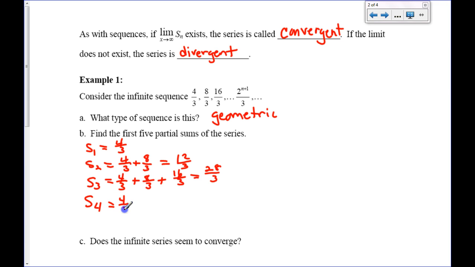Same thing. We're going to take 16 times 2 to get 32, right? And then this will be 60 over 3. And then the last one, S sub 5. And then we're done with this little part.